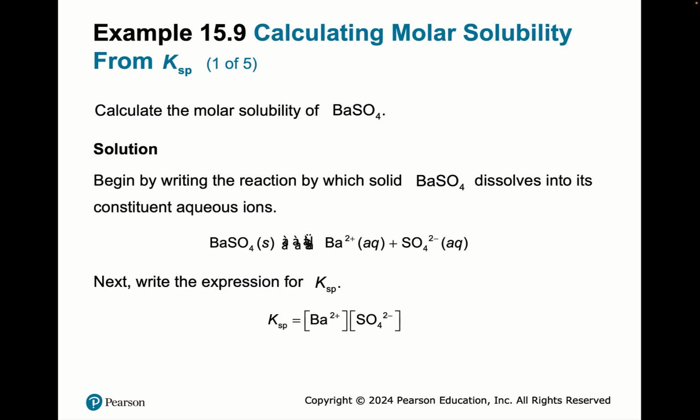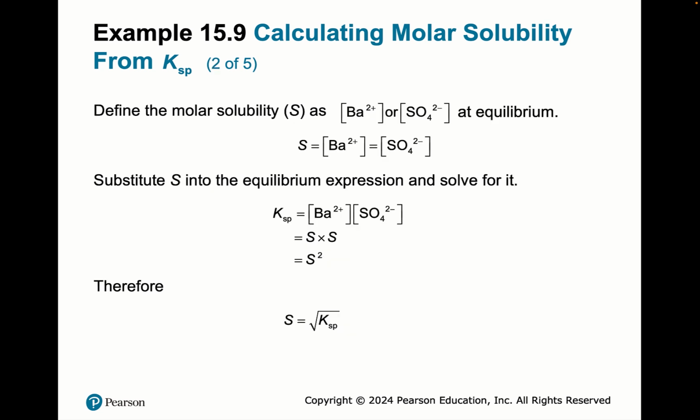So now we're going to calculate the molar solubility of barium sulfate. We've written out the KSP, we did that in the previous problem as well. The molar solubility, we're going to call it S. Because it's all 1-to-1 there, every mole of barium sulfate is going to be a mole of barium and a mole of sulfate. And so the KSP is S squared.